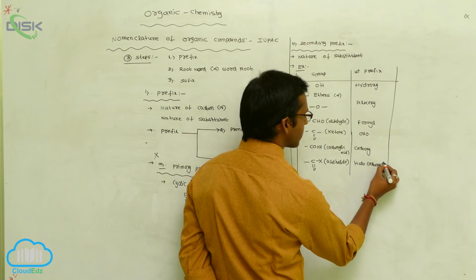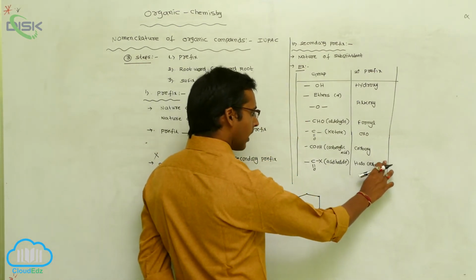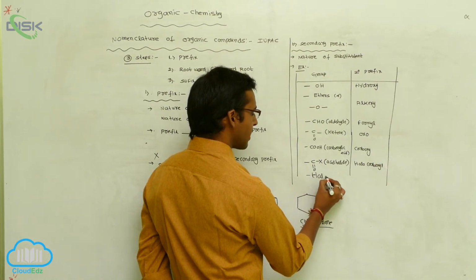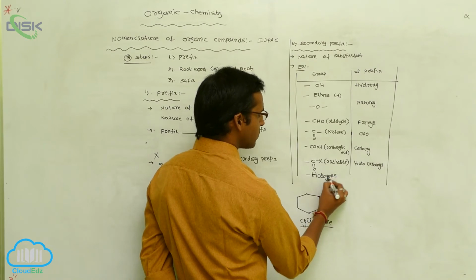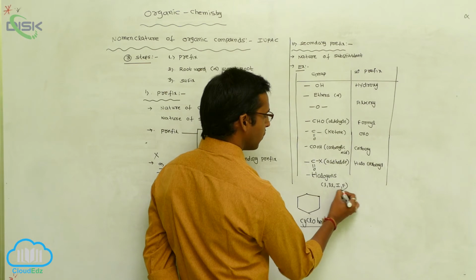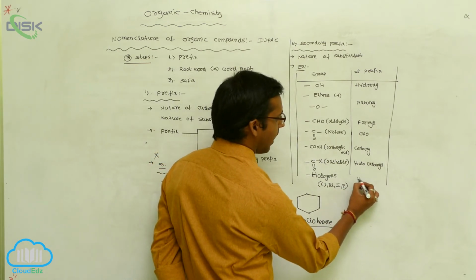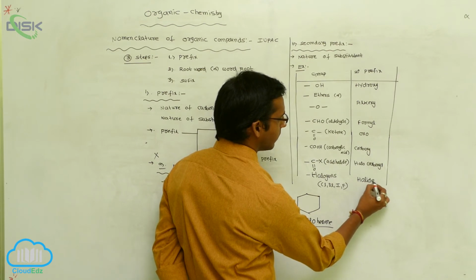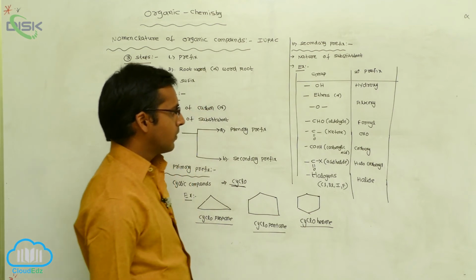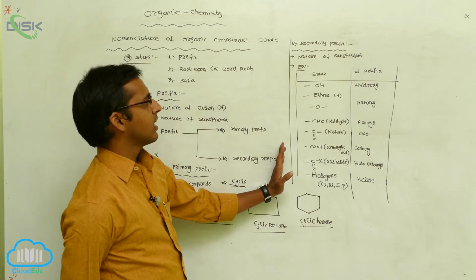Whenever halogens are present, generally chlorine, bromine, iodine, fluorine, its secondary prefix is halide.